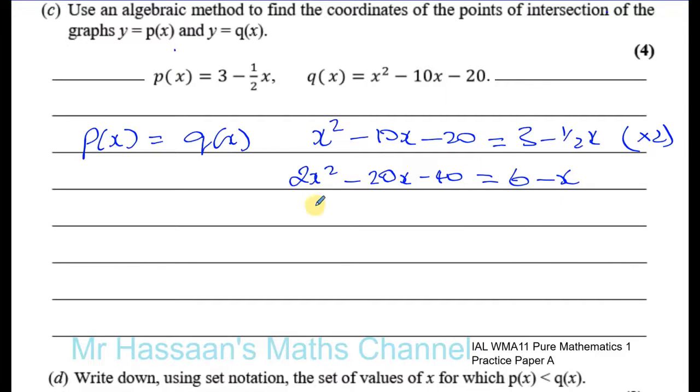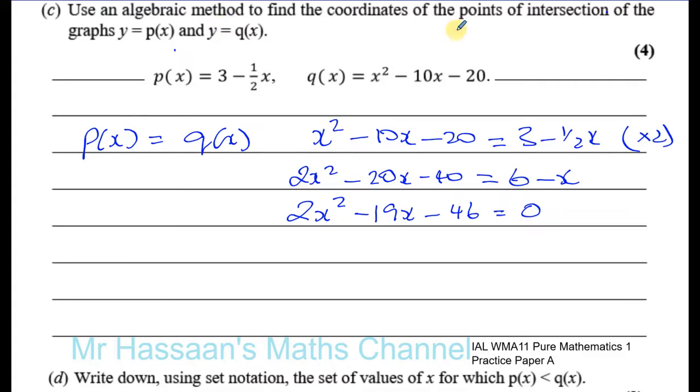We want to solve this as a quadratic equation, make everything on one side so it says equals 0, so we can then use the zero product property to solve it. The only x squared term is the 2x squared. You got minus 20x plus x, which is minus 19x, minus 40 minus 6, which is minus 46, and that's equal to 0.